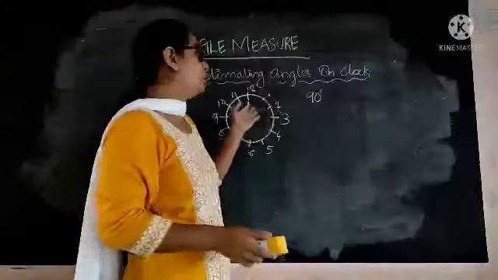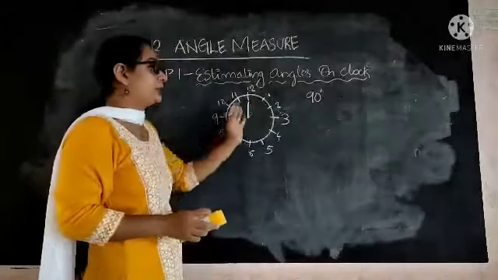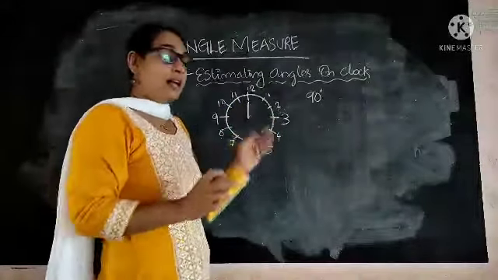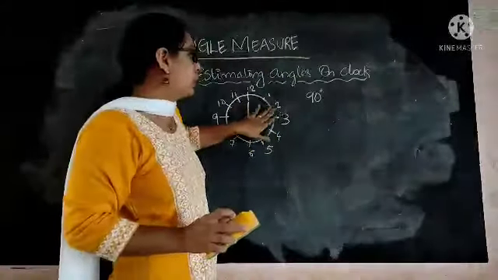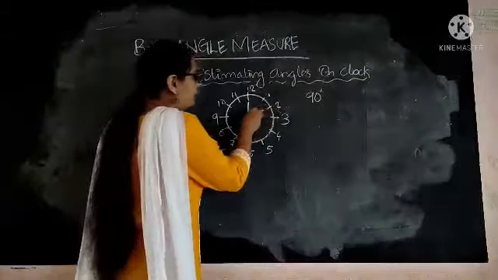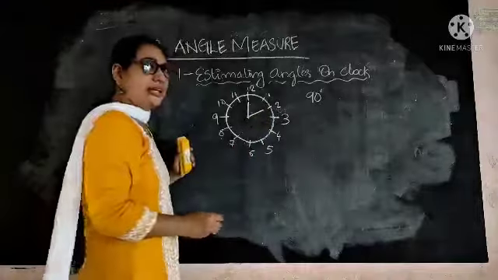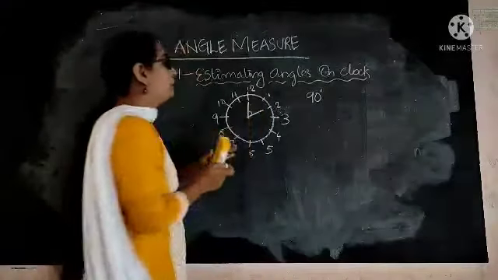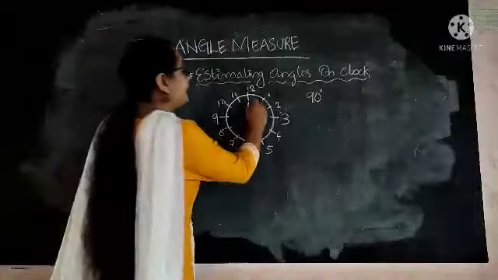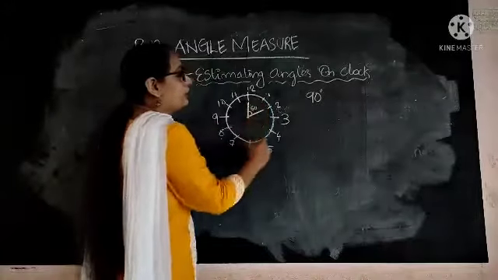You also need to draw this figure in your notebook, a separate figure for each one. Draw each clock in your notebook, okay? So what about this? This is between 12 and 2. This is 60 degrees, right?